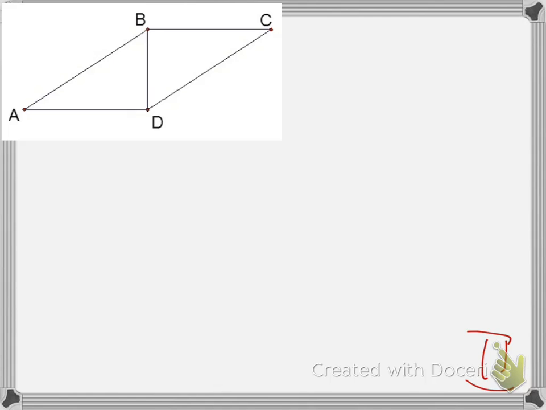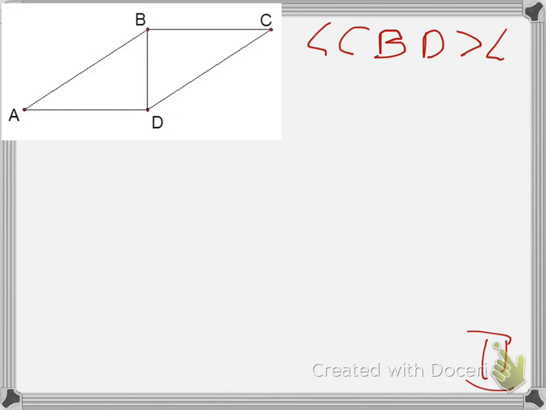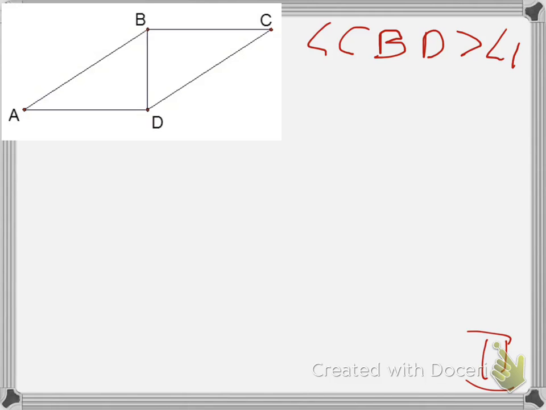So let's look at number 3. It says, is angle CDB, go C, D, sorry, B, D, greater than angle A. Let's erase this. We'll write it over here.